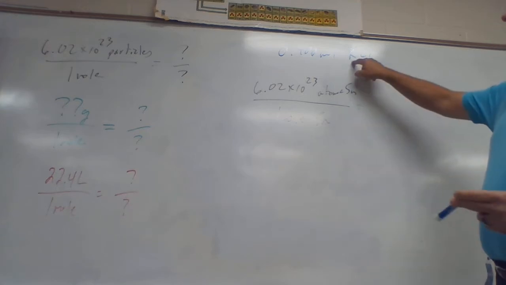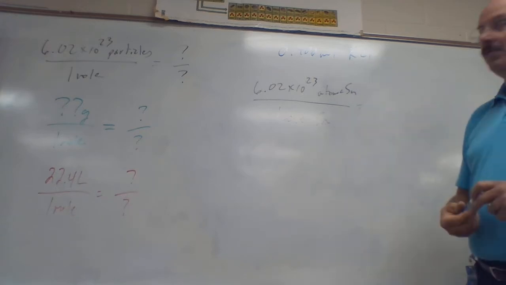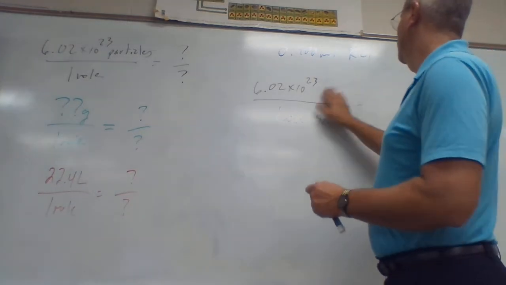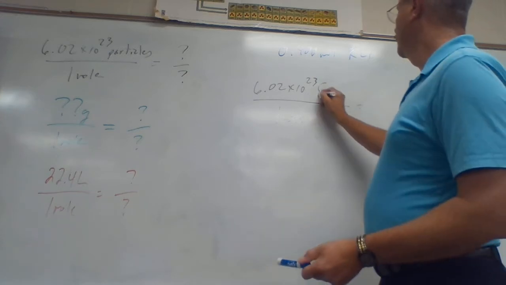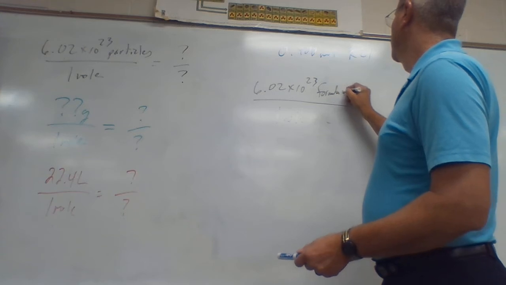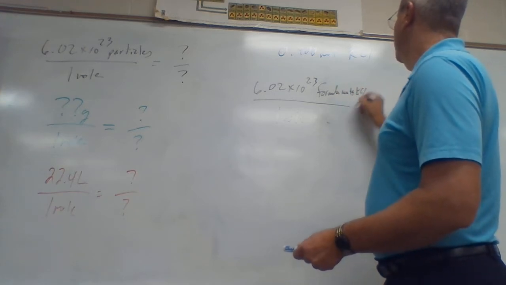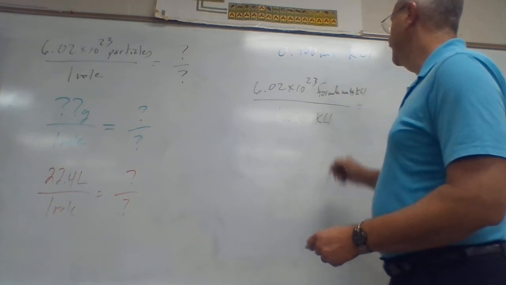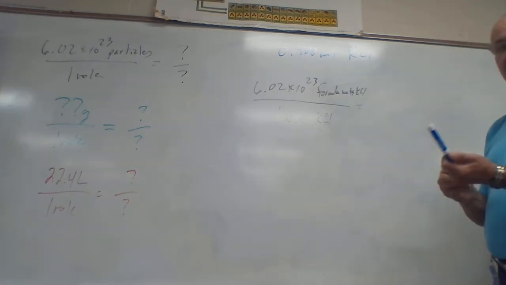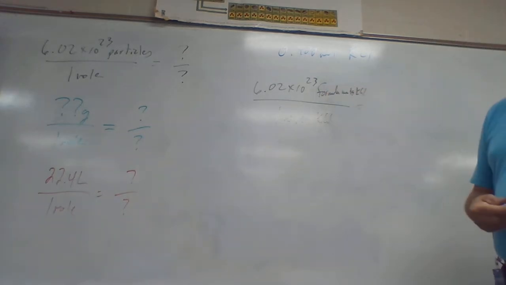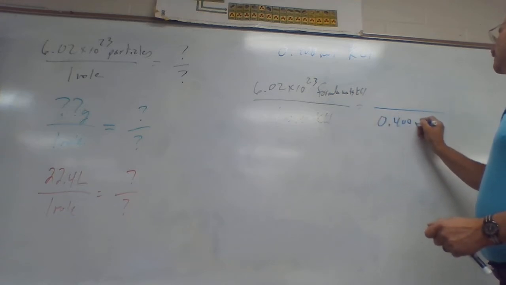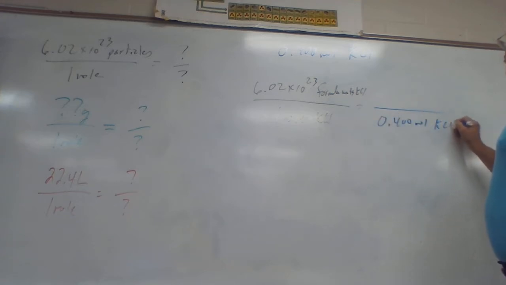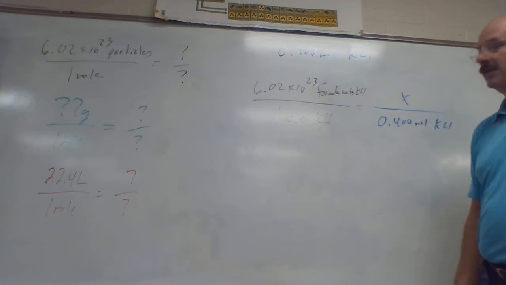First of all, this is a metal and a non-metal, so this would be formula units of KCl per mole of KCl. So again, that part's not going to change because it's like a dozen. Then we go to the other side, and we don't have a whole mole, we have 0.400 moles of KCl. And we want to find out X formula units.